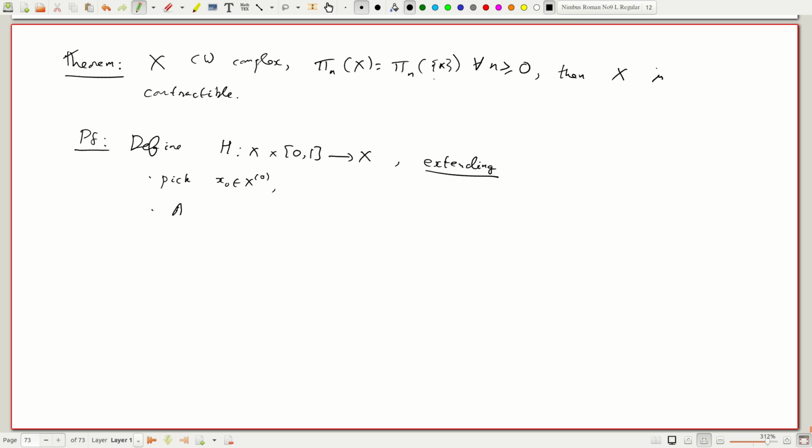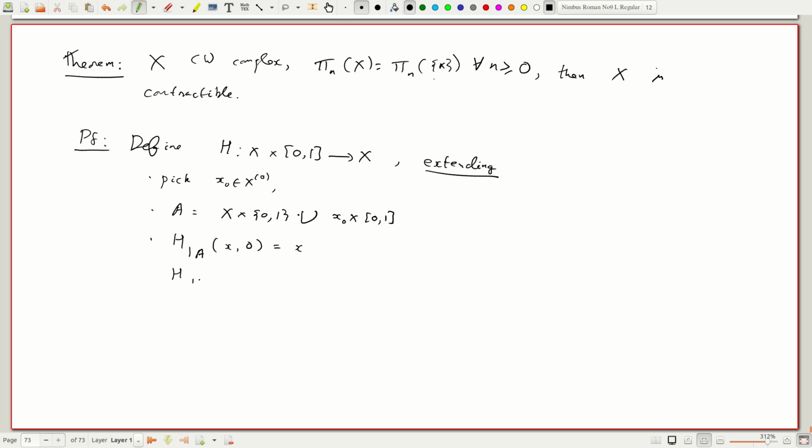So we'll take A to be, of course, the base X cross 0 and the top X cross 1 union x0 cross [0, 1], and define H restricted to A as follows: H of (x, 0) is going to be the point x itself.